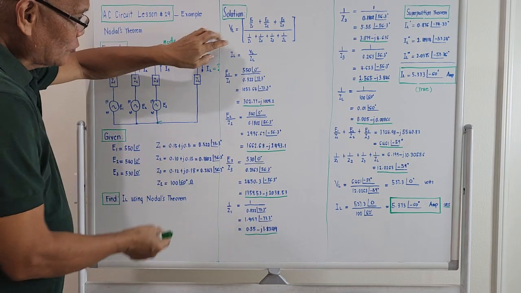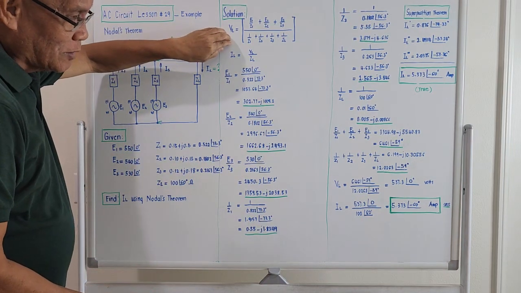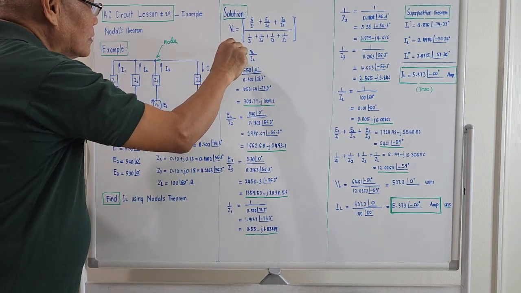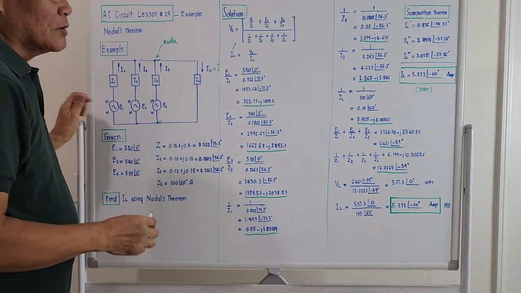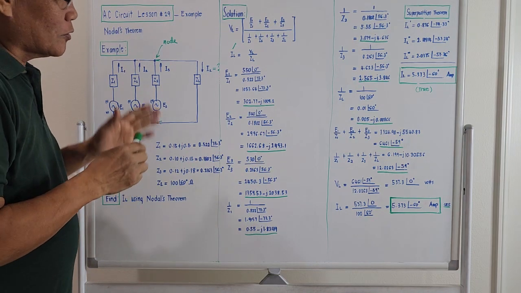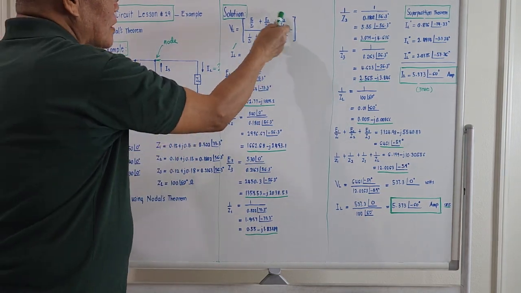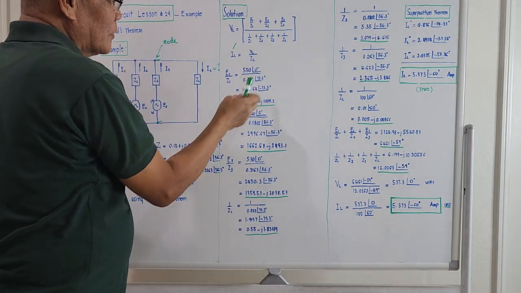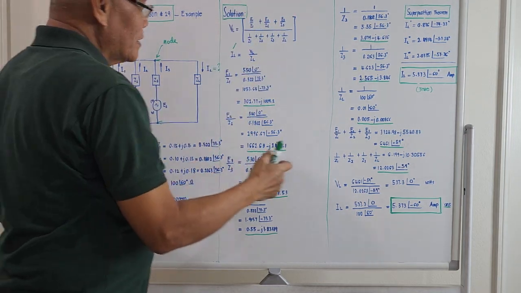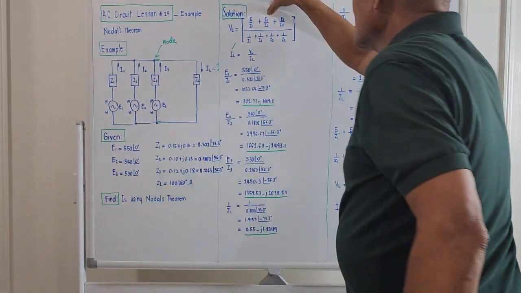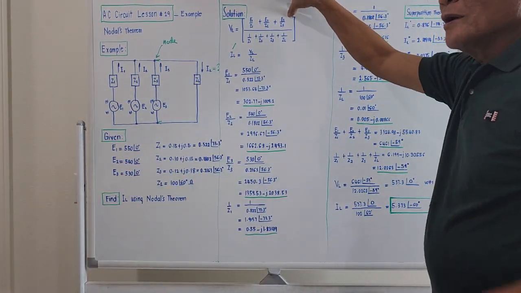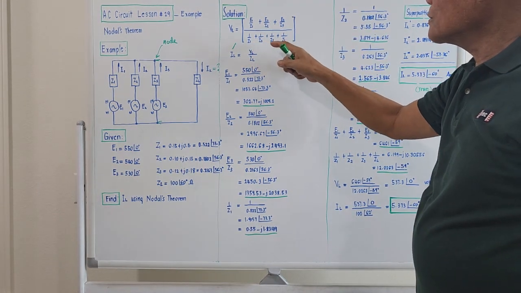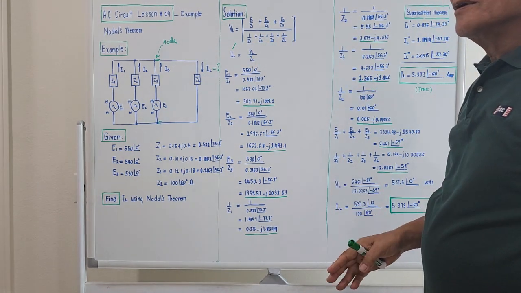If we divide V sub L, the nodal voltage, by the load Z sub L, we can compute for the current. So it's just a matter of computing the values of all these parameters over here. That is E1 over Z1, E2 over Z2, E3 over Z3, plus the vectorial sum of 1 over Z1, Z2, Z3, and Z sub L.